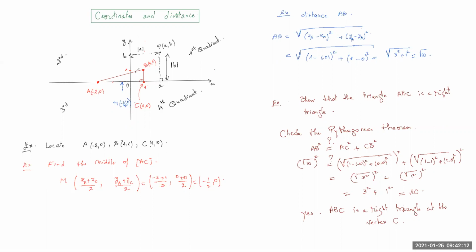We need two perpendicular axes that cross at O, and we locate each point by two numbers that we call coordinates. The plane is divided by the axes into four quadrants, as we saw. We know how to compute the coordinates of the middle point of line segment AC and the distance between two points.